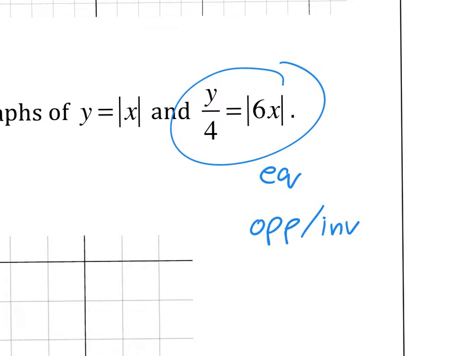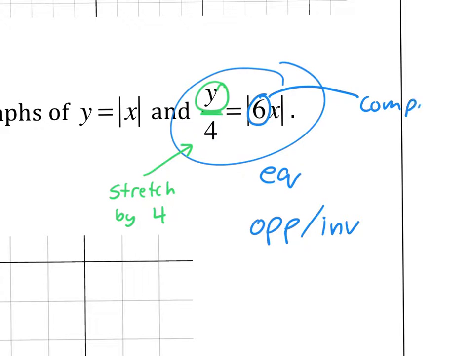So in this case, y is my vertical, and because I'm dividing by 4, I am going to stretch by 4. As if I'm going to grab the function and yank it up. Now, what's this one say over here? Instead of stretching by 4, I'm going to compress here. I'm going to push it together by a factor of 1/6.